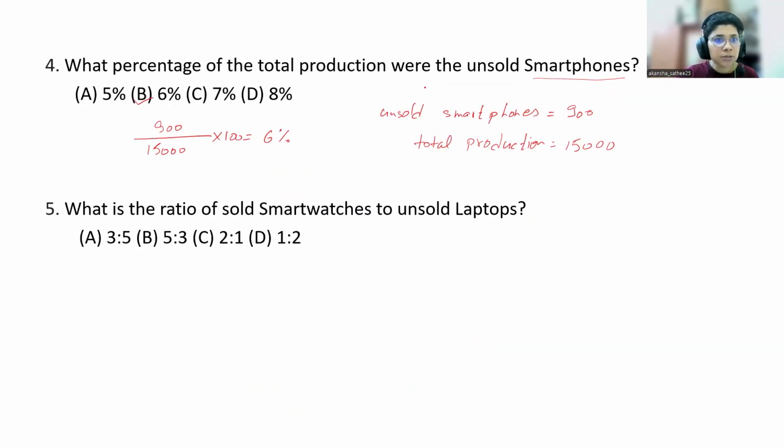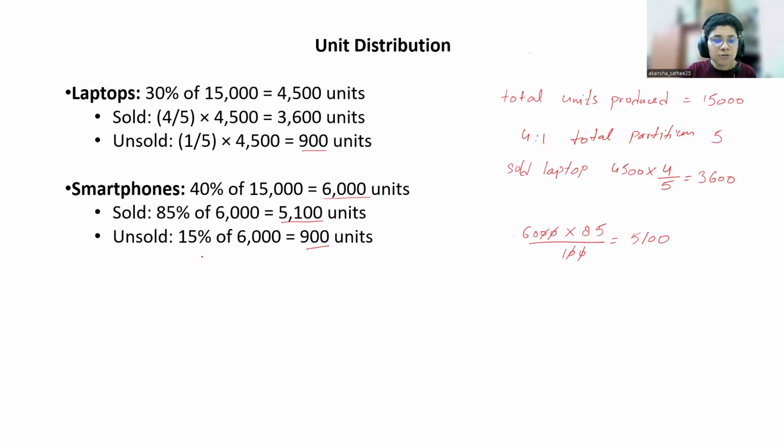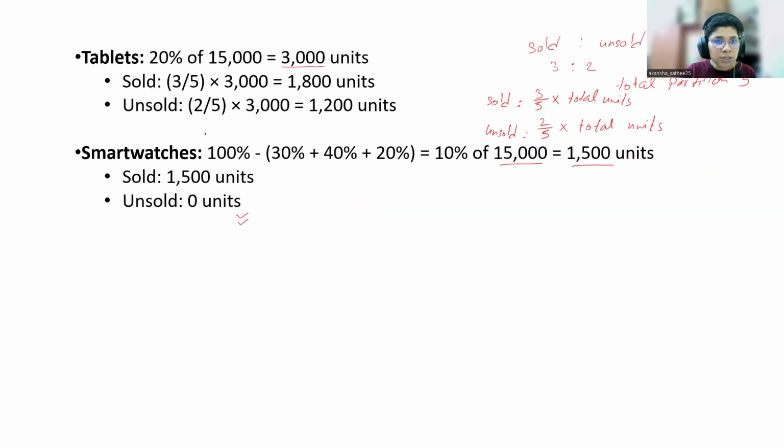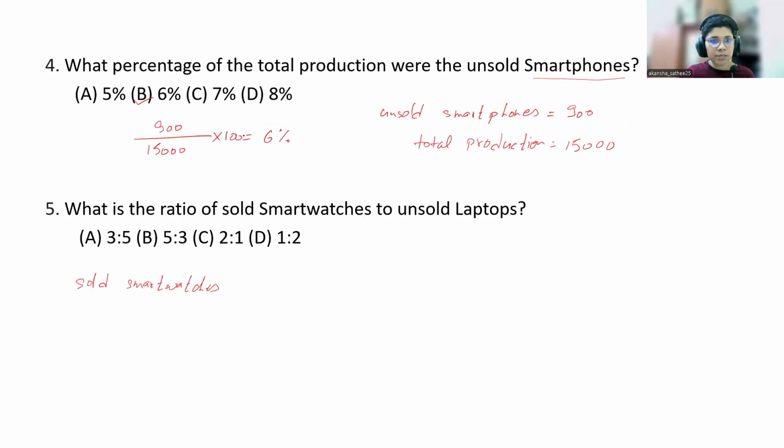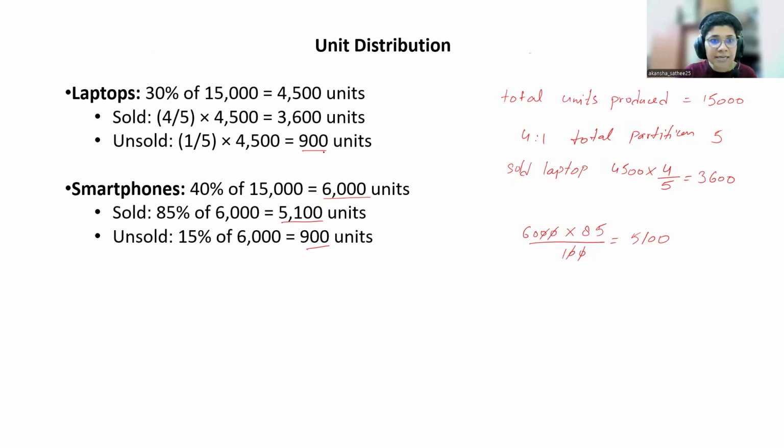Next problem is what is the ratio of sold smartwatches to unsold laptops? How many sold smartwatches are there? Sold is 1500, right? Unsold laptops, how many unsold laptops are there? 900, right?